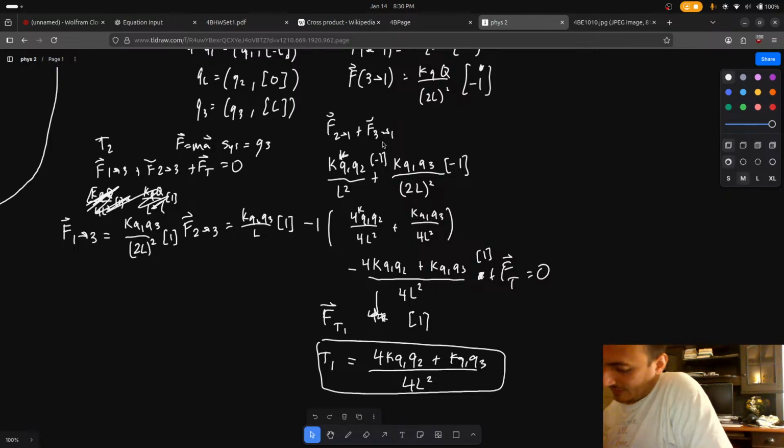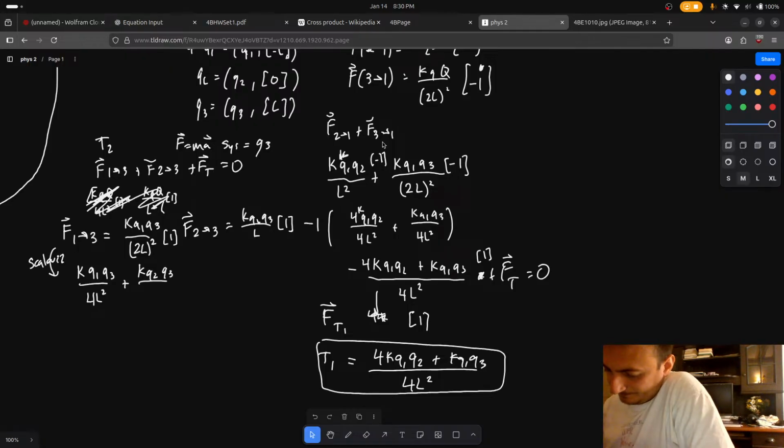Okay, so now we can just add these. So we're going to get k q1 q3 over 4L squared plus k q2 q3 over, and we're scalarizing now, L squared plus ft2 no hat is equal to 0.